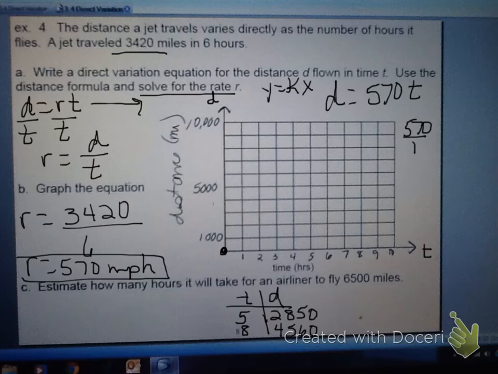So I am estimating, and 2,850 is about right there. And then 8, 4,560. Oops, thought I added the line. Let me.